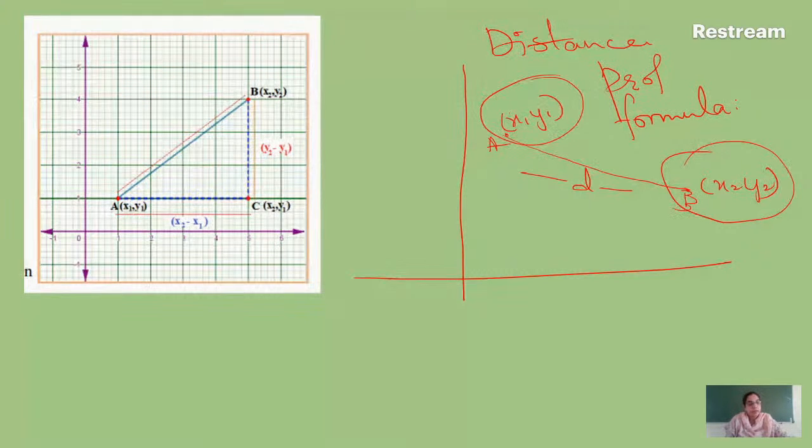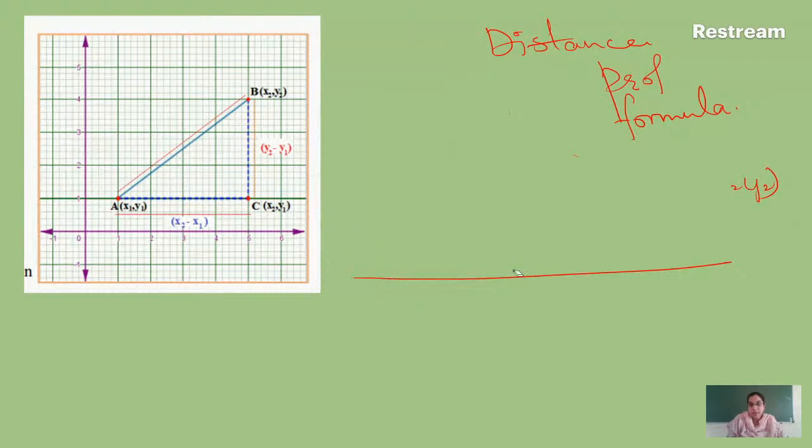Here on screen, an image is given. How are you going to write this to get the distance formula? If you observe this graph, point A is taken and point B is taken, and this is nothing but the distance between point A and point B. If you represent point A as x1, y1 and B as x2, y2, then what should be this distance?